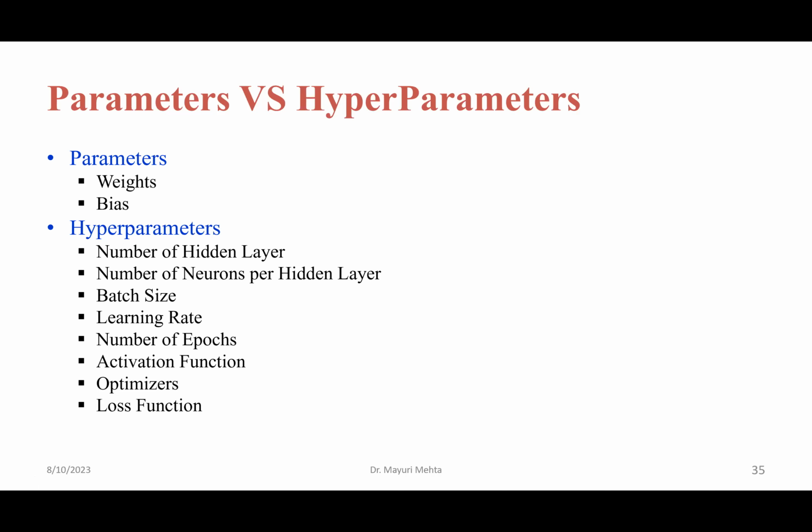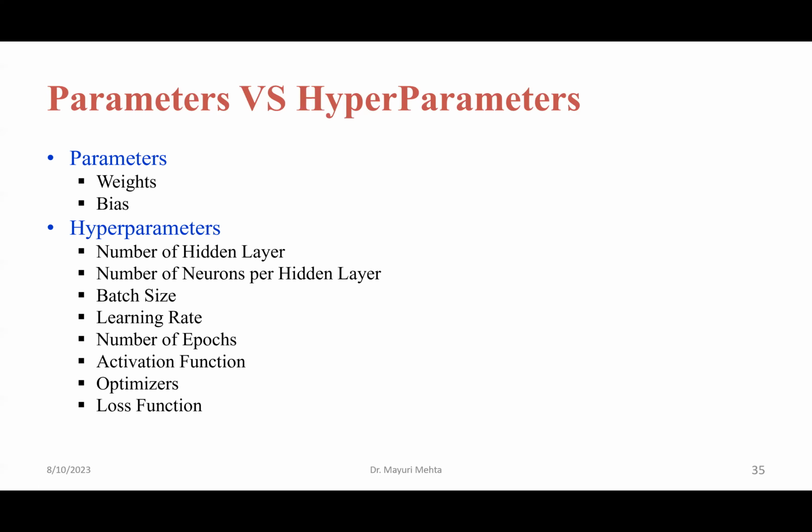So when I use the term model, I mean that it is a neural network, some specific neural network architecture. Fine. So model parameters are the parameters that are estimated by the model, that is by the neural network, from the given data. So these two parameters, weights and bias, are estimated by the neural network from the given data.